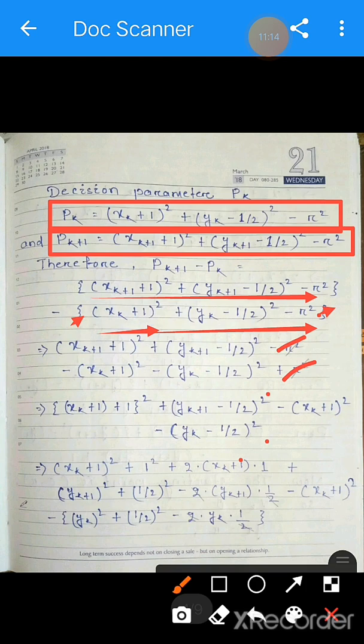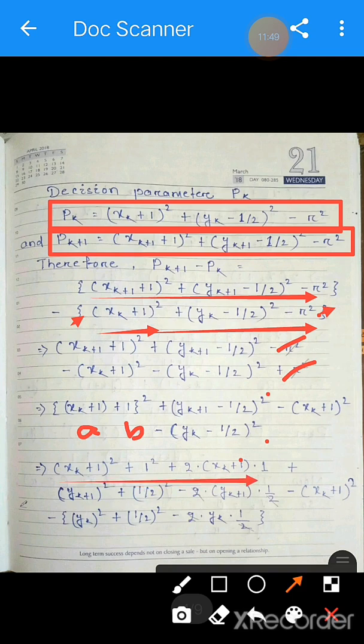Here xk plus 1 is your a plus b whole square. The a plus b whole square means a square, (xk plus 1) whole square, plus b square, that means 1 square, plus 2ab, 2 into (xk plus 1) into 1. This one is your a plus b whole square formula.